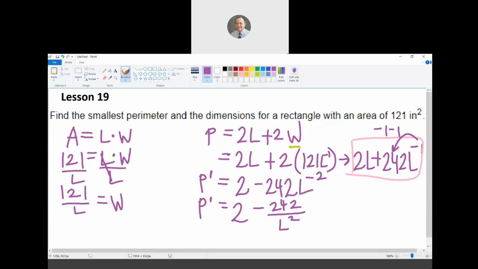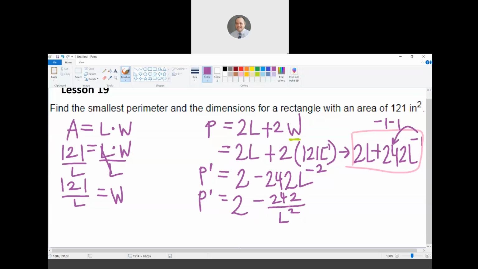Now we need to remember with the first derivative test, we have to find any critical values. So to do that, we set our first derivative equal to 0 and solve for L. What I'm going to do is move this fraction to the left-hand side by adding it to both sides.